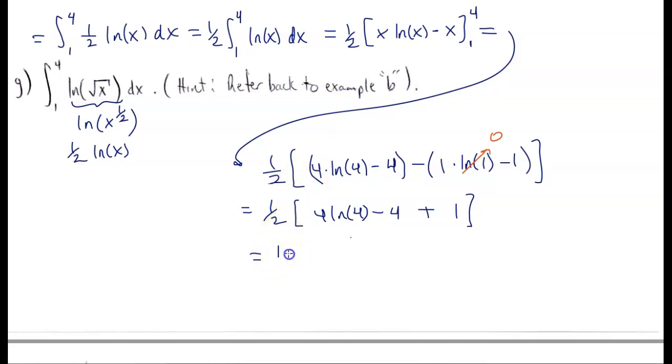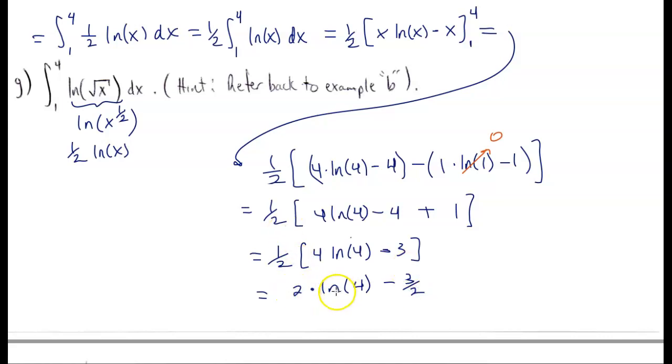Before I do that though, I'm going to simplify this to -3 and then multiply on through. So this will be 2 times natural log of 4 minus 3 over 2.